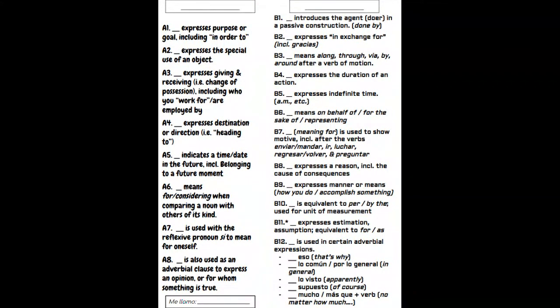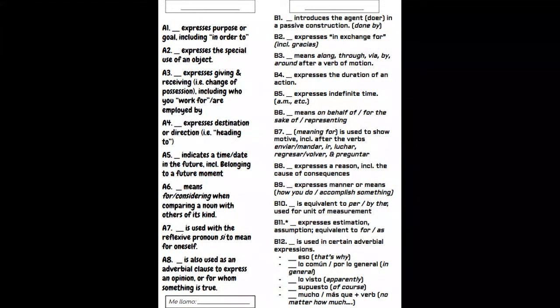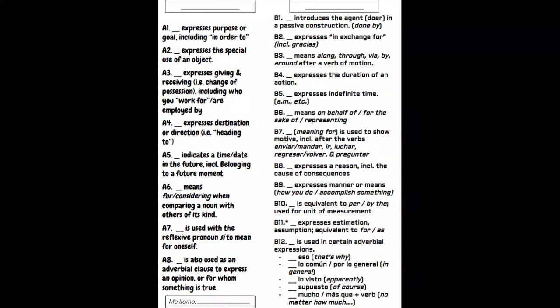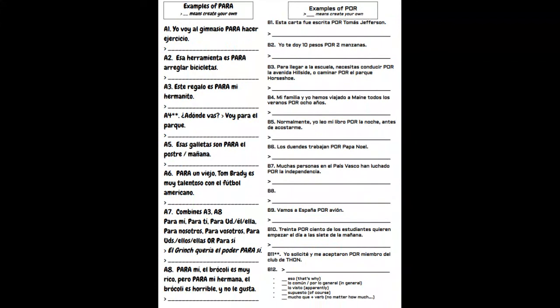B10. Por can be used as per or by for measurement, right? So maybe you have a special phone plan where you pay per minute, or you could talk about the cost of something, like it costs $6 per pound, right? 30% de los estudiantes quieren empezar el día a las 7 de la mañana.